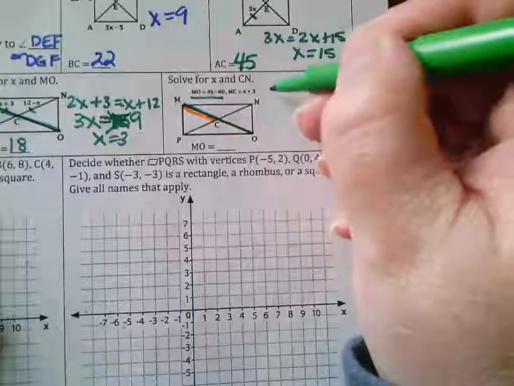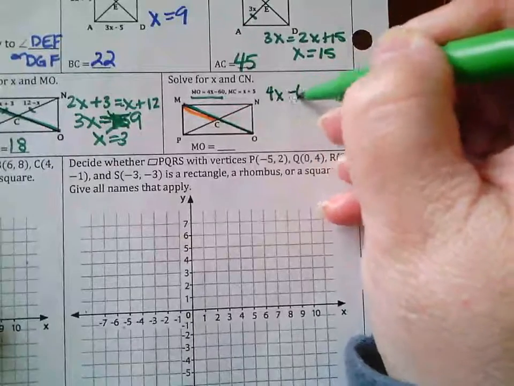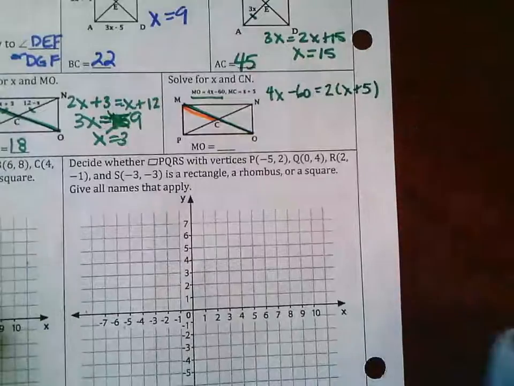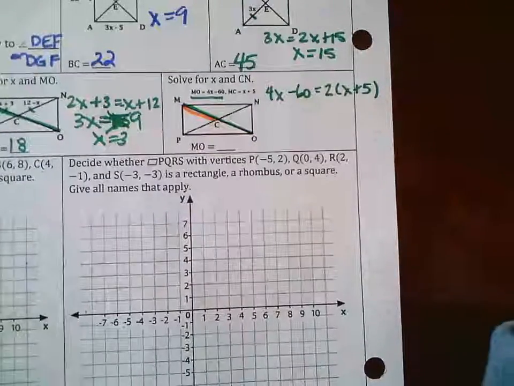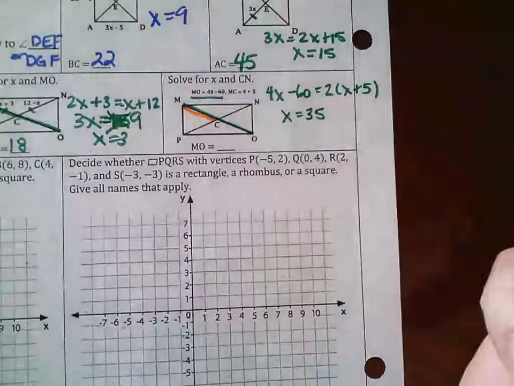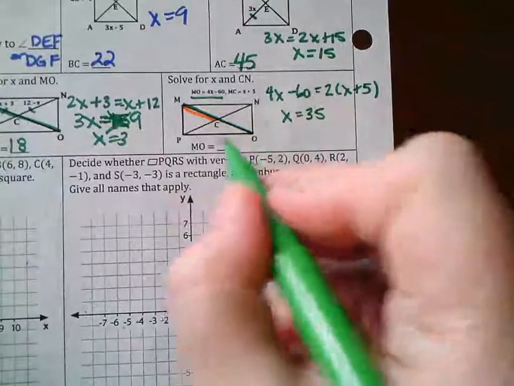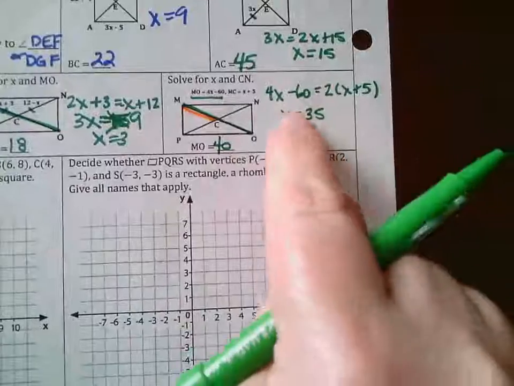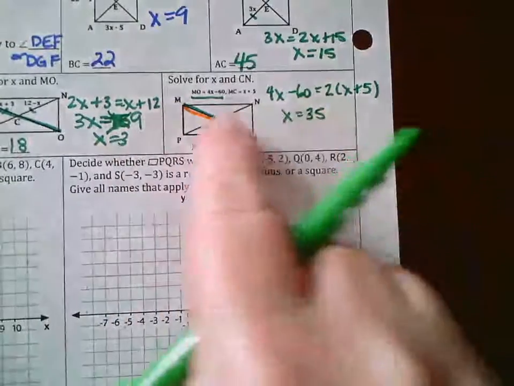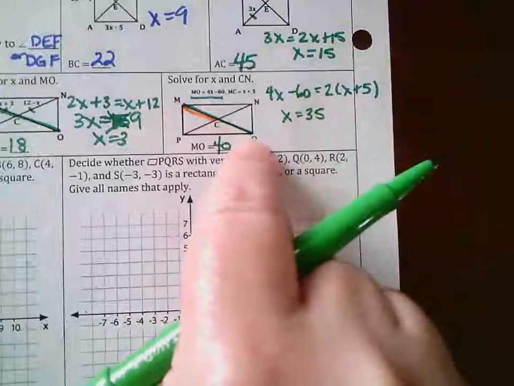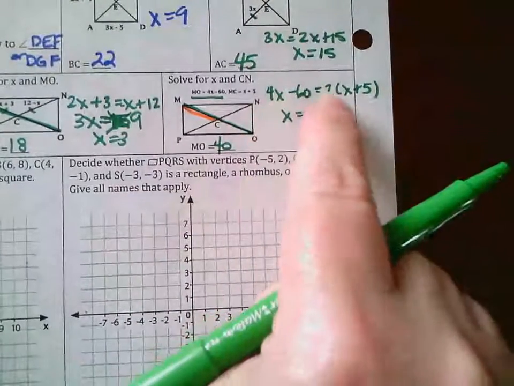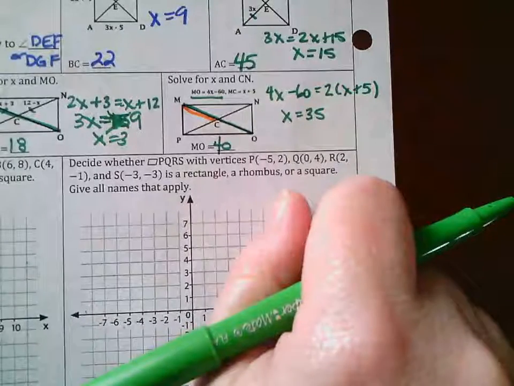Well, the whole thing is equal to 2 times the part of it that we know. By the time you get done solving, you get x equals 35, and you plug it back in, you should have 40. But remember that this is half of it right there. So if I want the whole thing, I need to multiply that by 2. Or I could divide this by 2, but multiplying is a little easier sometimes.